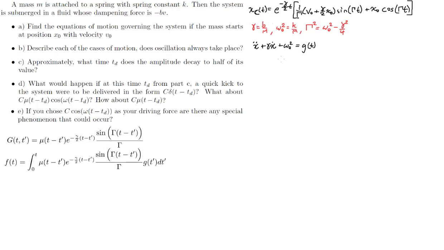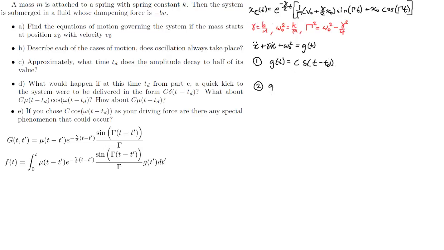And our g of t's, of course, are right here in part D. So for case 1, g of t is equal to c times the Dirac delta function of t minus t sub d.